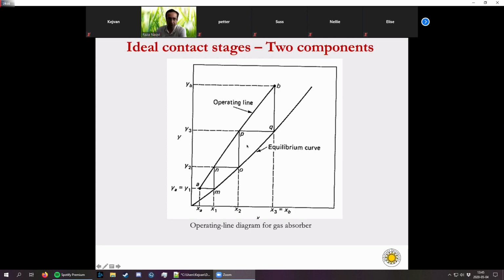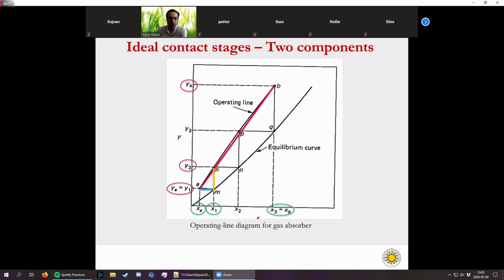This is just to show you how you can calculate the number of ideal contact stages in the gas absorber. First you draw your operating line, you know the slope of the operating line, and then you know the mole fractions in the liquid phase and the vapor phase, and you have to find the outgoing mole fractions in the liquid phase and the vapor phase.